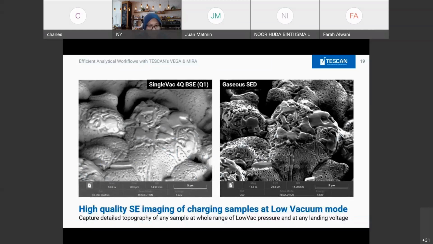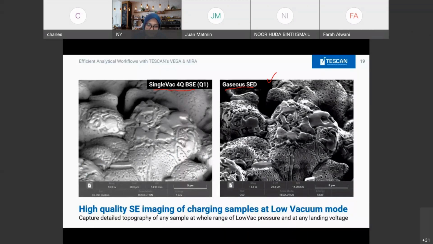Actually, we have the SE detector, which we call the gaseous secondary electron detector, to see surface topography under low vacuum. You can compare the image taken under the BSE detector just now, and this image, also taken under low vacuum, but by the SE detector.